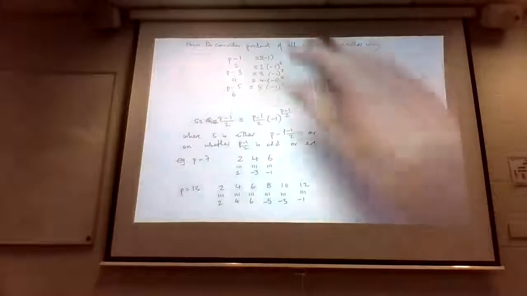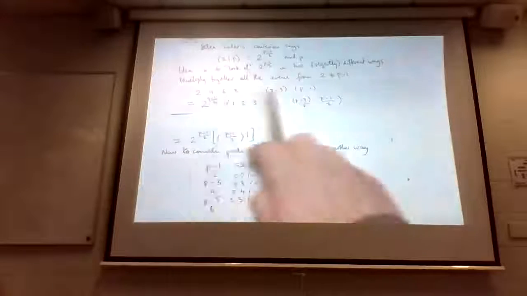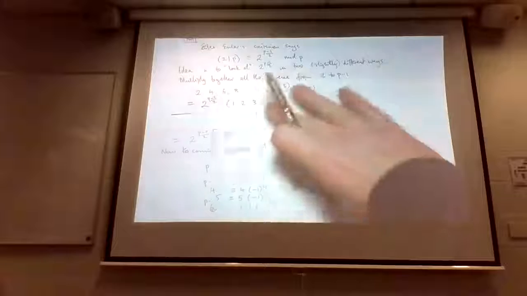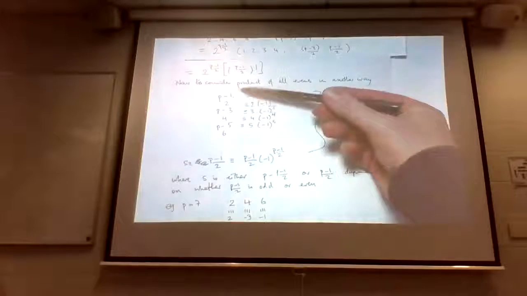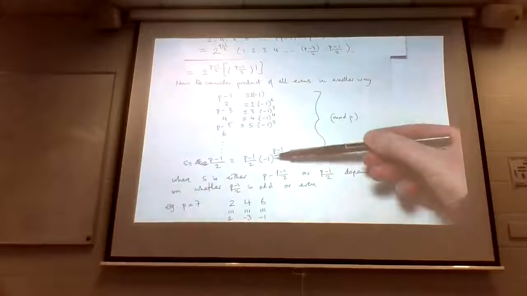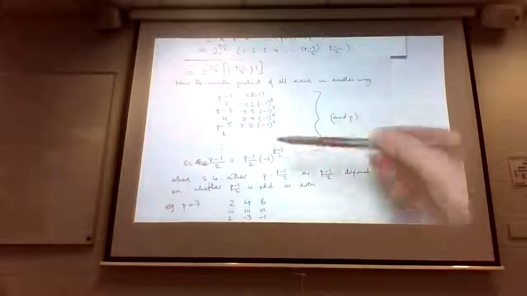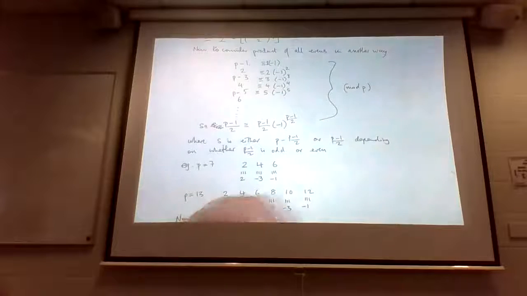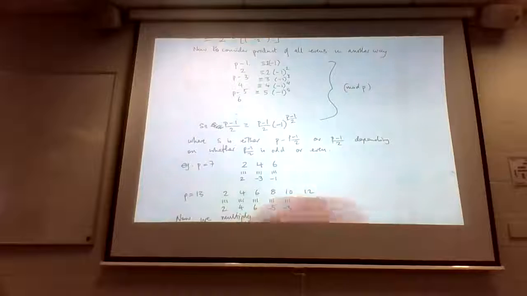what are we going to do with all these things? Well, remember what we did with the even numbers before? We multiplied them all together. Well, we're going to do that again. Except now we're not going to multiply the original numbers together, we're going to multiply their modular representatives together. Now we multiply.